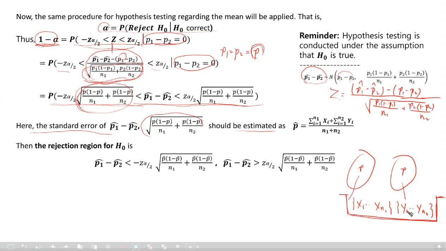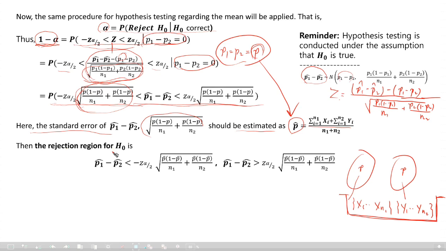So the X's and Y's are here: the summation of xi, i from 1 to n1, plus the summation of yi, i equal to 1 to n2, pooled x and y, divided by the total number n1 plus n2. This is like a pooled estimator of p in this case. You understand that? Okay? It is like a pooled estimator of variance. Okay, that is a difference.